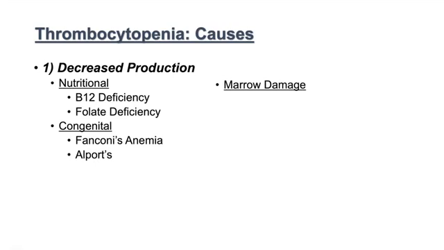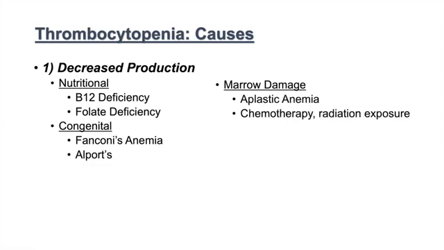And there are also issues in the bone marrow. Since megakaryocytes are located in the bone marrow, any issues or damage to the bone marrow can give decreased thrombocyte counts. These include aplastic anemia, chemotherapy or radiation exposure. These things can suppress the bone marrow. There's also drug-induced suppression of bone marrow, or damage to the bone marrow.